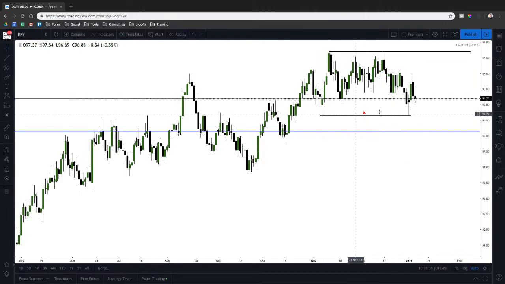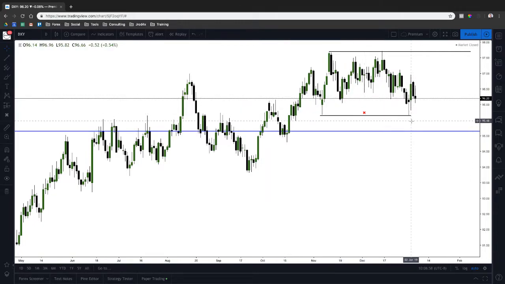So in terms of where we're going to go next, we really need to break out of either below these equal lows or start pushing up above these equal highs. But based on the higher time frame perspective, looking at the monthly chart, we already know that this blue line is monthly support.